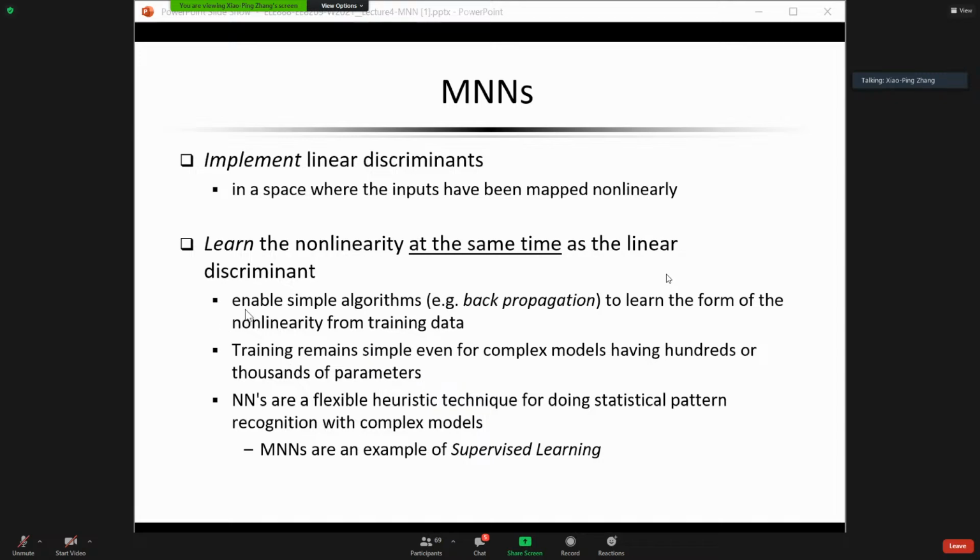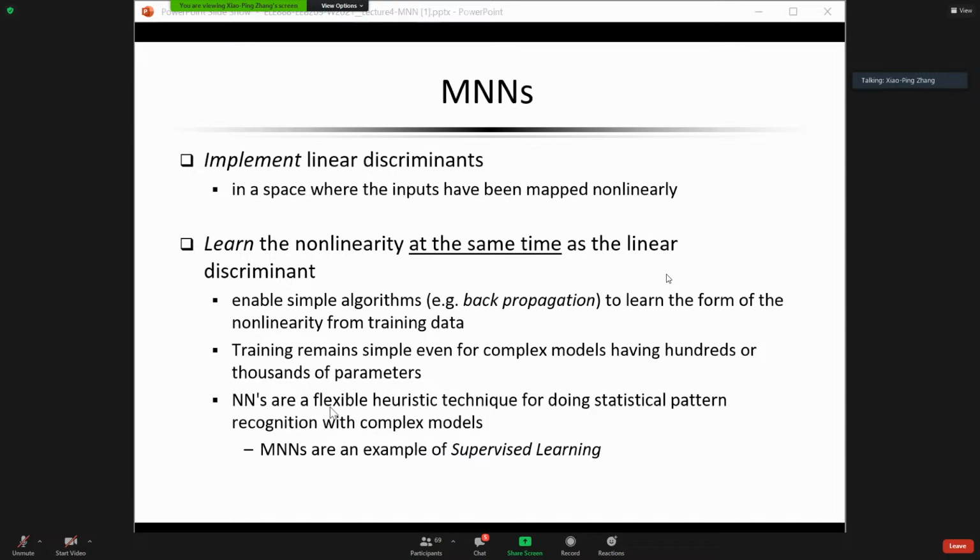So this structure, the idea is simple, but it's very powerful, as you are seeing today. It enables us to use a simple algorithm, backpropagation, which is actually quite simple, to learn those coefficients. The only thing is, where is the complexity? The complexity is the number of neurons. If you want to approximate a complex curve, then you probably need a lot of neurons.